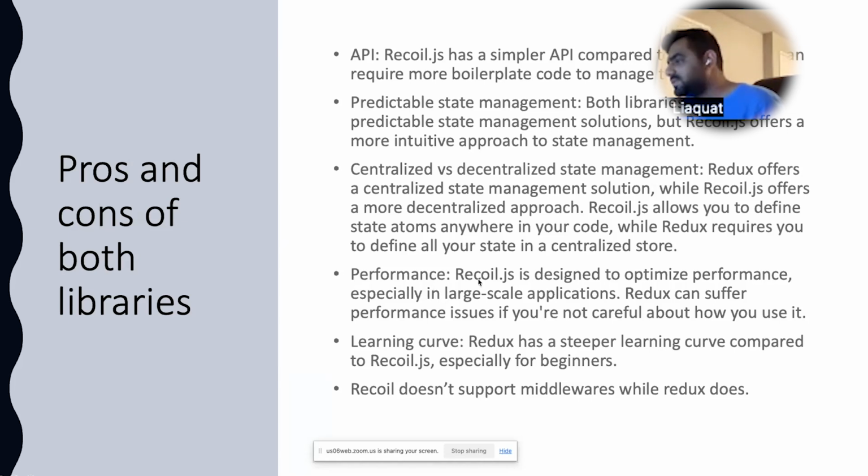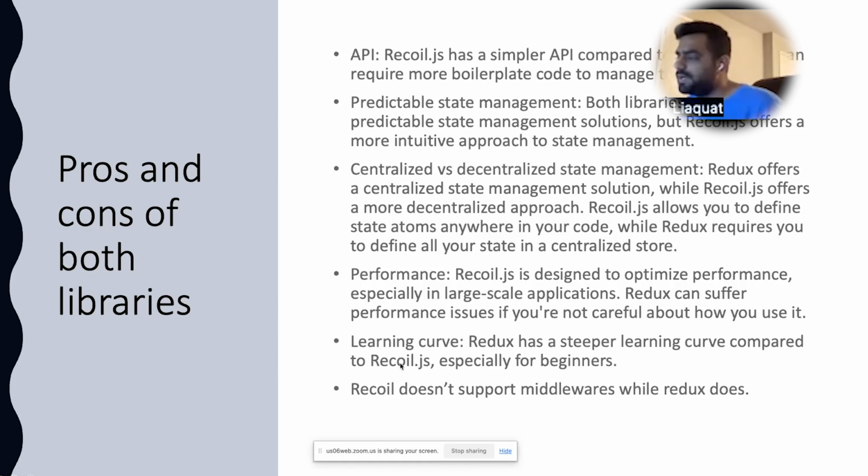As far as performance is concerned, Recoil is designed to optimize performance, especially in large applications, as compared to Redux, which can be slower and suffer from performance issues if you don't use it in the right way. The learning curve for Redux is steeper as compared to Recoil.